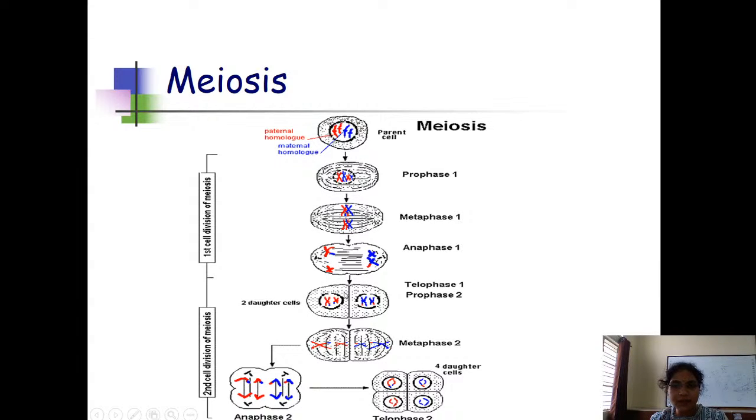Then comes telophase 1 and prophase 2, where you get two daughter cells with half of the paternal and maternal homologue. One part gets shifted. I hope you are very clear with this. I'm just going quickly. Next, you have metaphase 2, then anaphase 2 and telophase 2, where it gives four daughter cells.